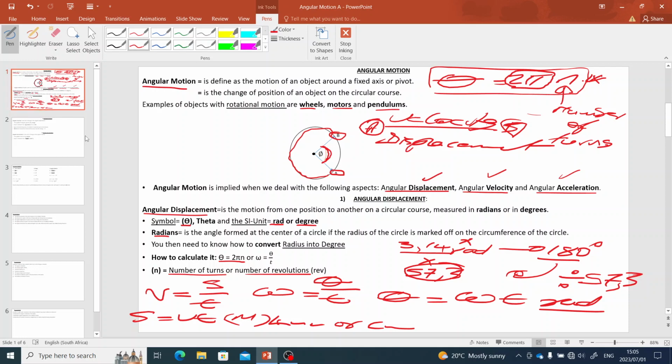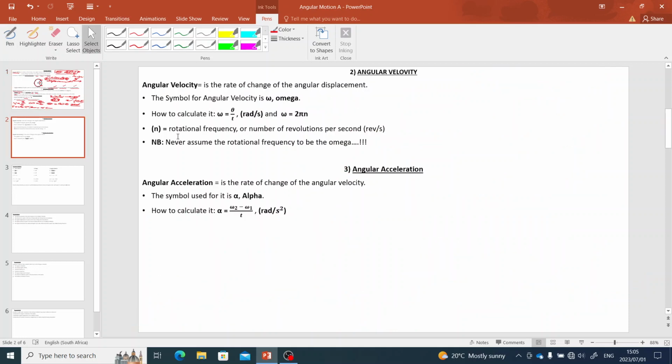Now let us look at the second and the third aspect of your angular motion. The second one is called angular velocity. From the linear motion, we defined velocity as the rate of change of the displacement.